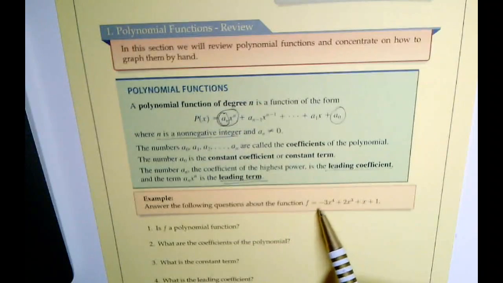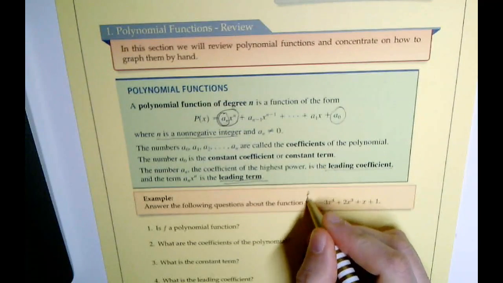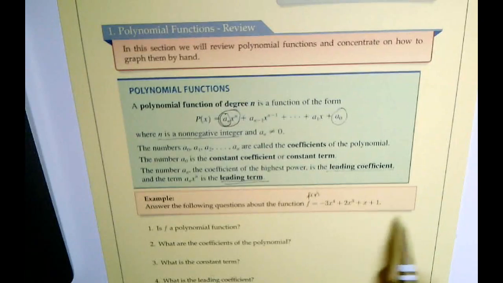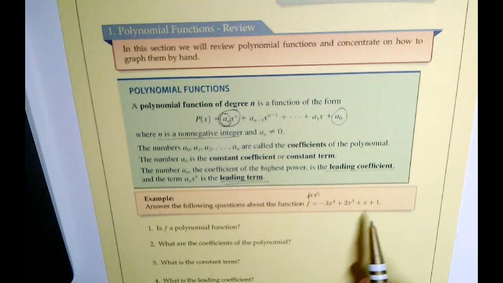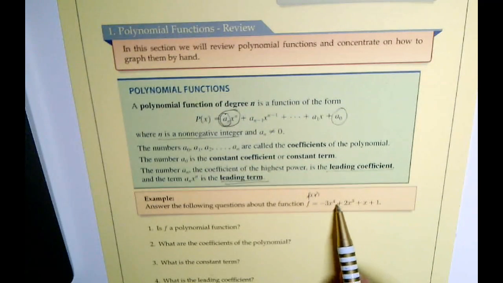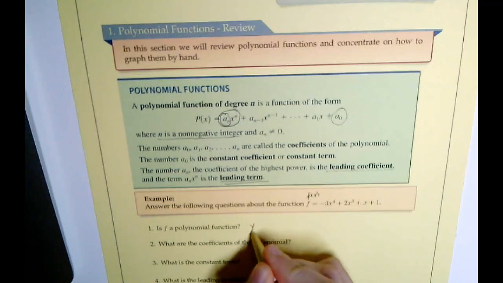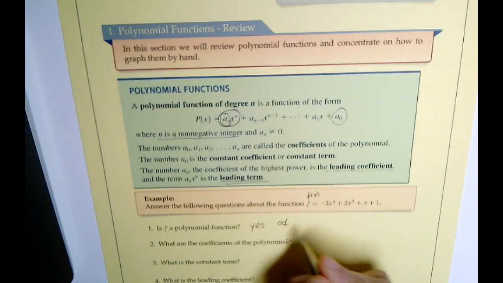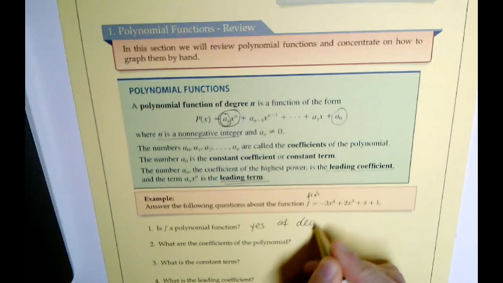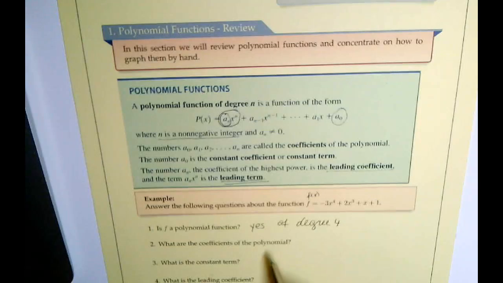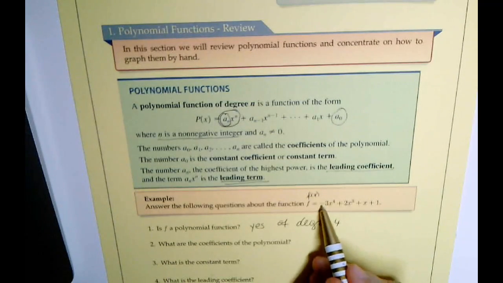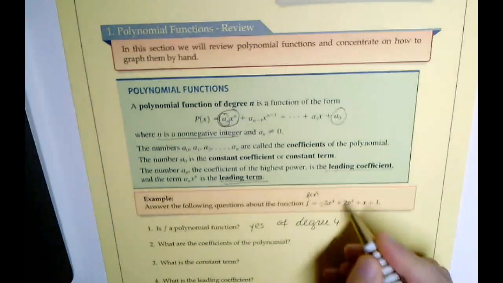So for example, if I have this function f of x, is this a polynomial function? Yes, because the exponents are non-negative. Yes, of degree 4. What are the coefficients of the polynomial? The coefficients are whatever the variables are multiplied by.